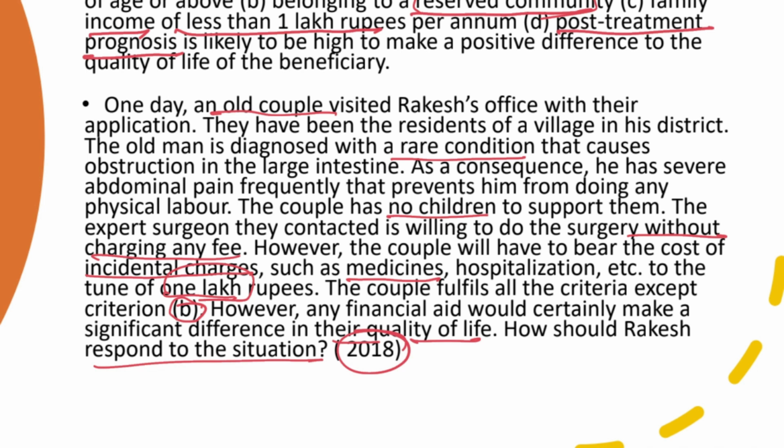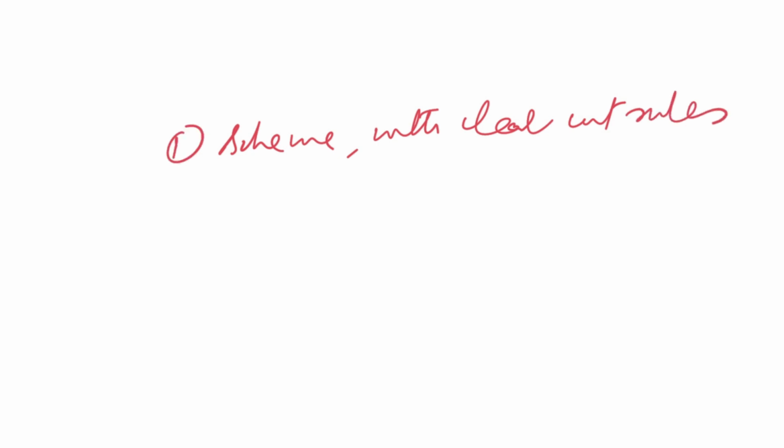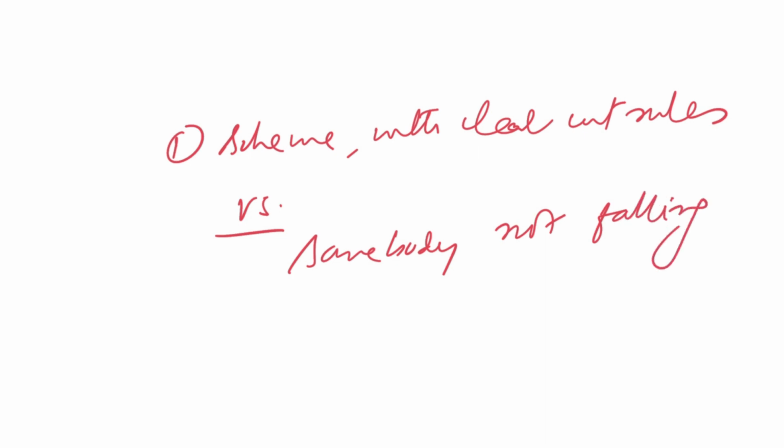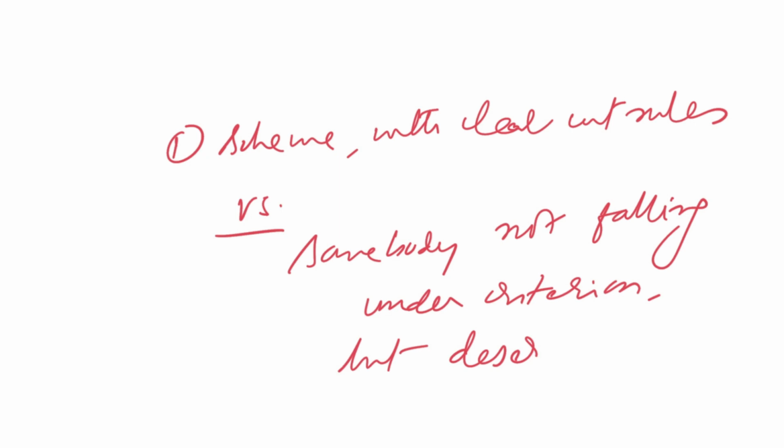So this is a case of a scheme with clear-cut rules versus somebody not falling under a criteria but deserving.